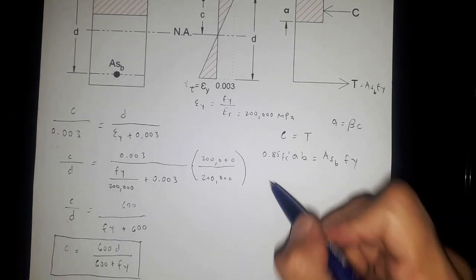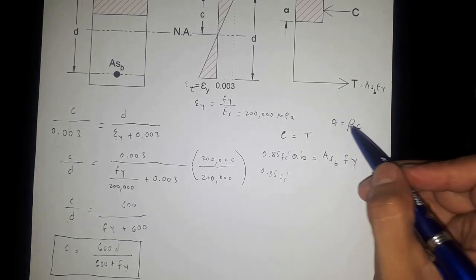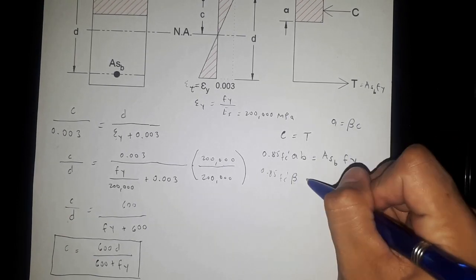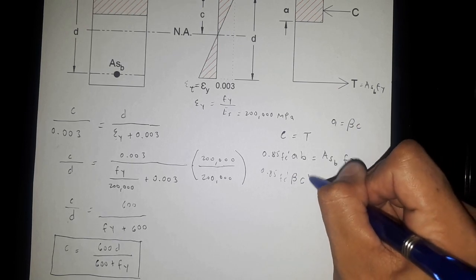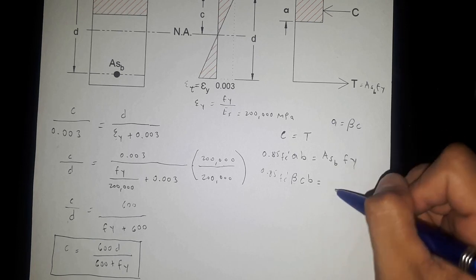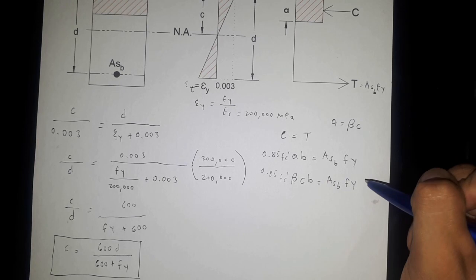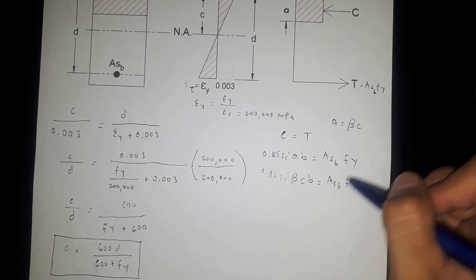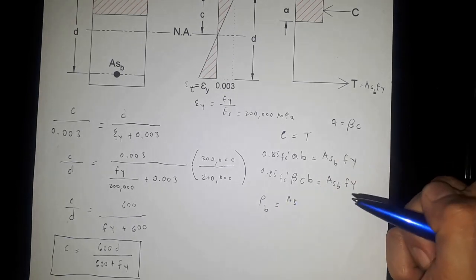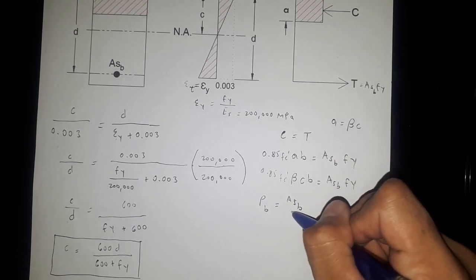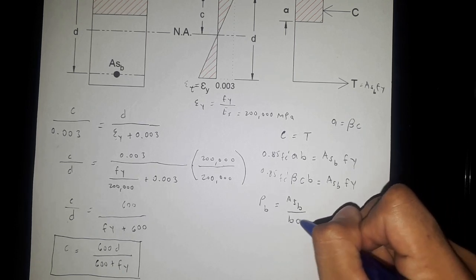So, substitute natin 0.85 Fc prime beta C times B equals AS balance Fy. Now, yung raw balance natin is equal to AS balance over BD.